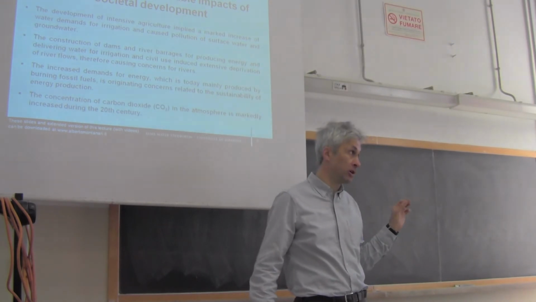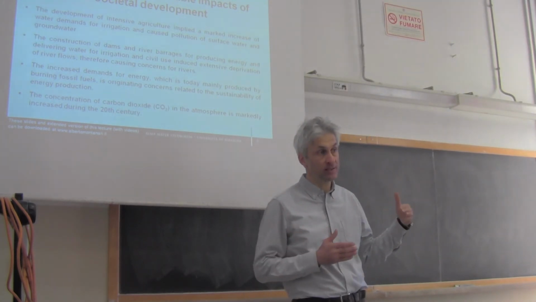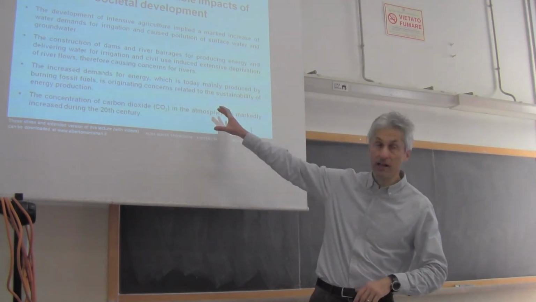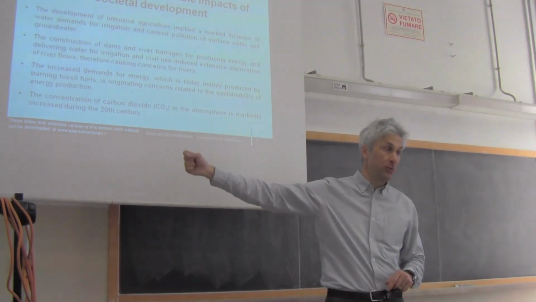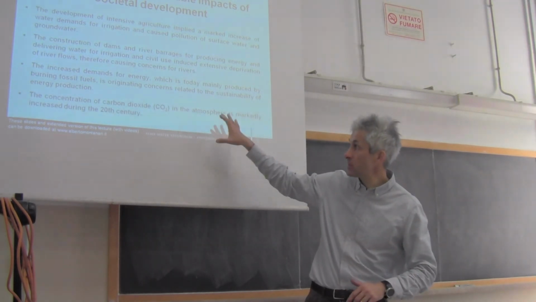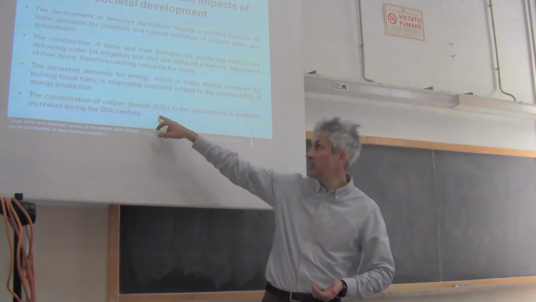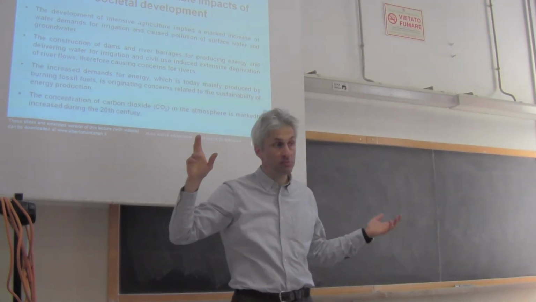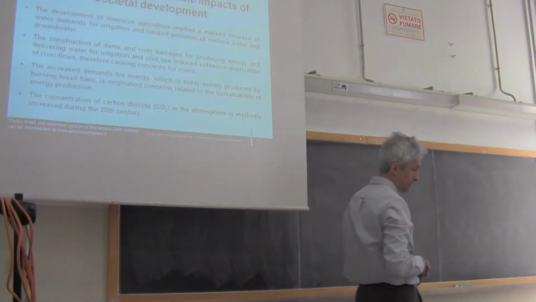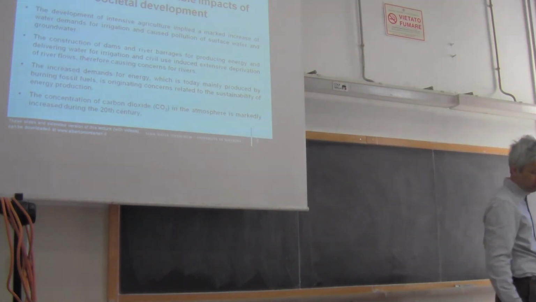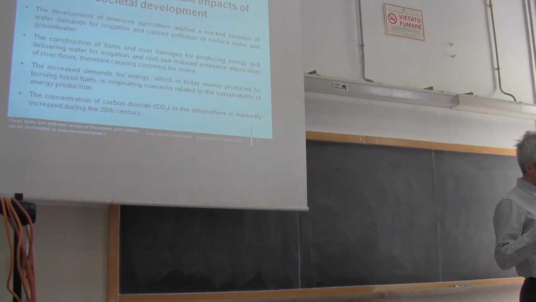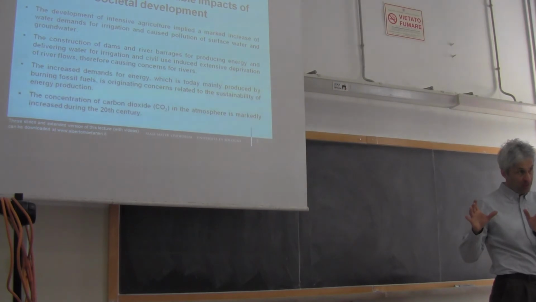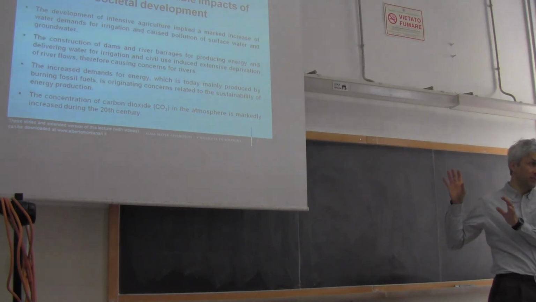Renewable energy covers about 2% of the energy needs of humanity. The vast majority is obtained by burning fossil fuels. And this causes an increase of the concentration of carbon dioxide in the atmosphere, which means climate change. So these are some of the problems experienced in the 20th century, new problems for humanity.